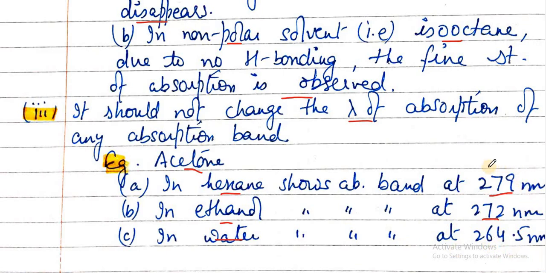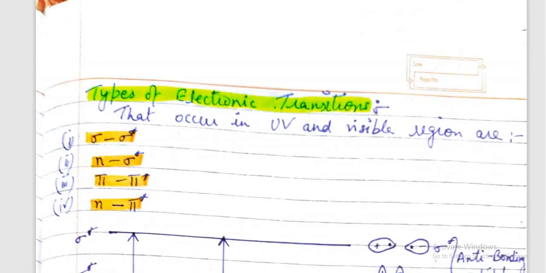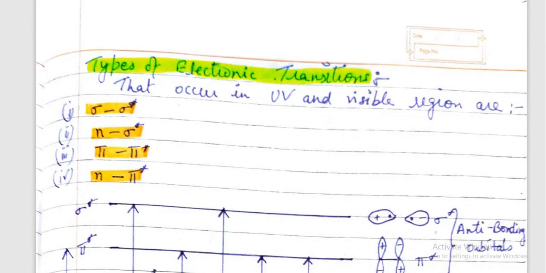So while taking the spectrum of acetone, we should take care which solvent we are using, so that we have an idea to add or subtract from that compound's wavelength.